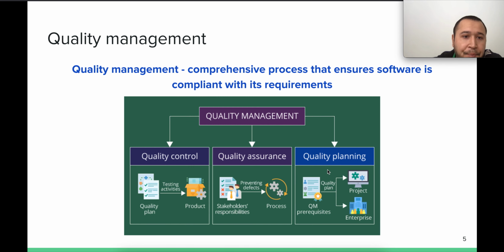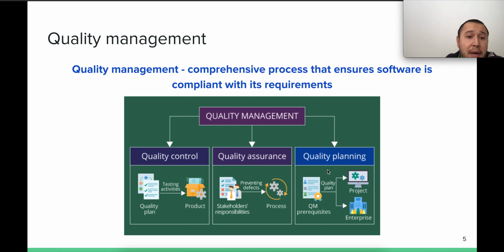So there is an amazing category of processes called quality management. The definition of quality management is a comprehensive, joint process that ensures software is compliant with its requirements, or in an easy way we can say that the software product meets its requirements.